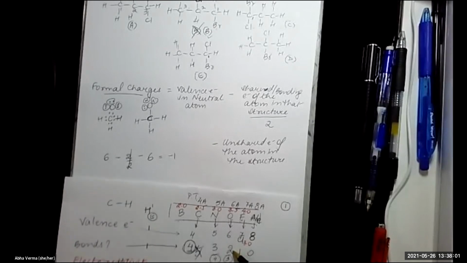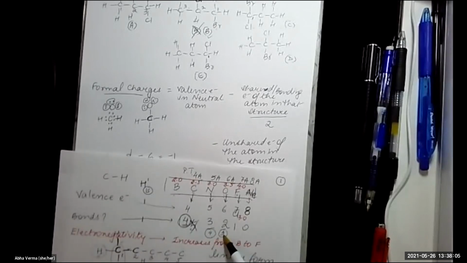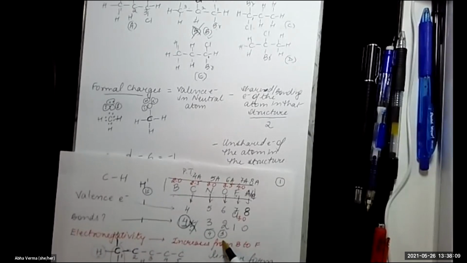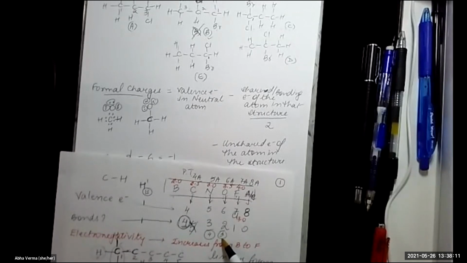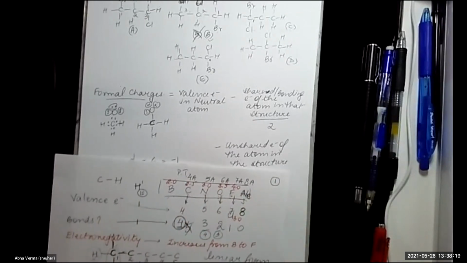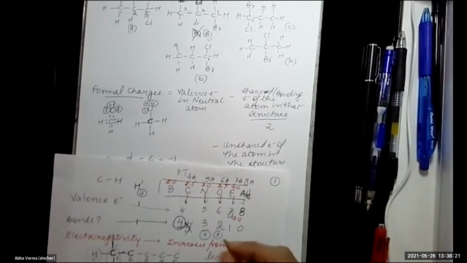Its octet will be complete. If it makes 3 bonds, where is the third bond forming with? It is forming the third bond with one of its lone pairs. So it is losing one of its lone pairs to make a positive charge.